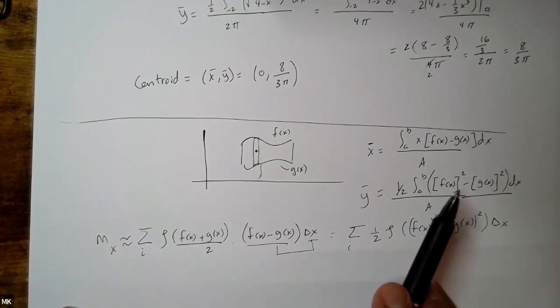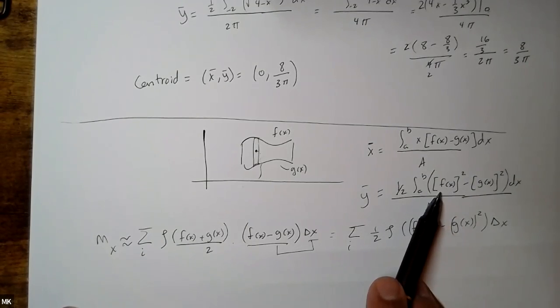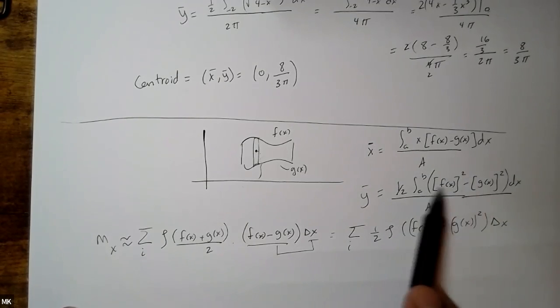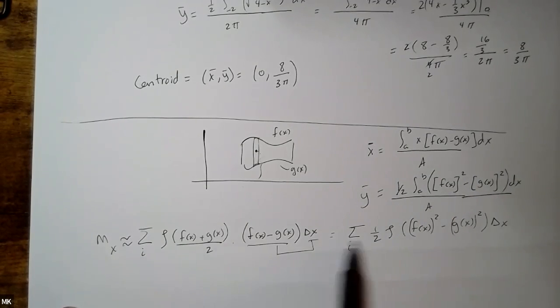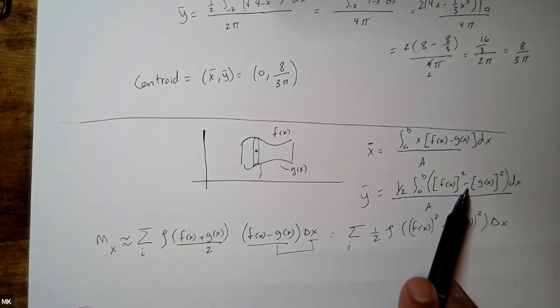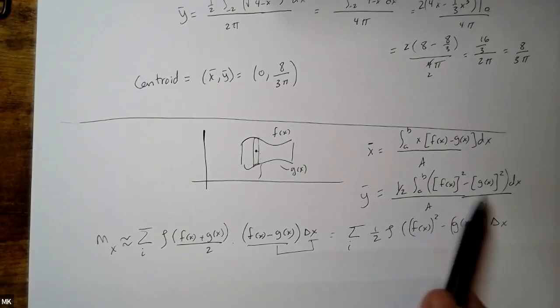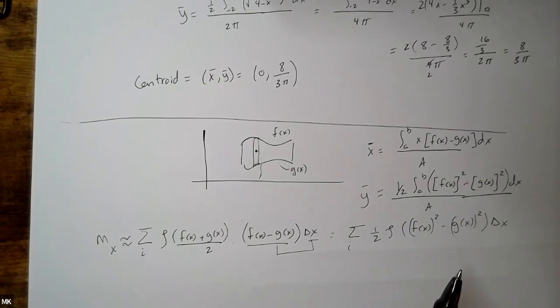So the formula is slightly different. Some students think it will be f of x minus g of x quantity squared, but as you can see through the derivation, because of the difference of squares you get the difference of squares of the two functions.